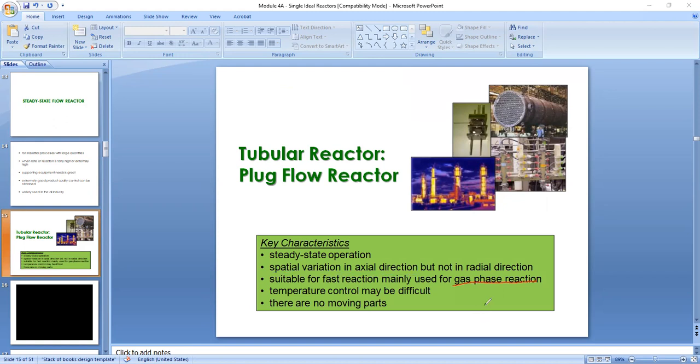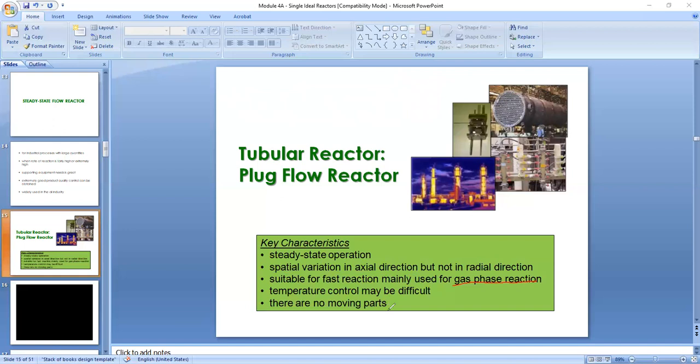Now, your control for temperature here is difficult. However, even though it's difficult to control the temperature, since it's tubular in form, there are no moving parts, and no moving parts translates to low maintenance cost, because there are no moving parts inside to ensure that your system is well mixed.